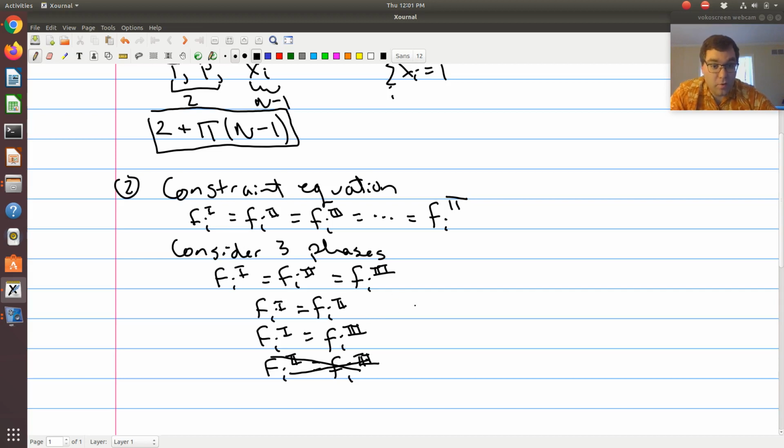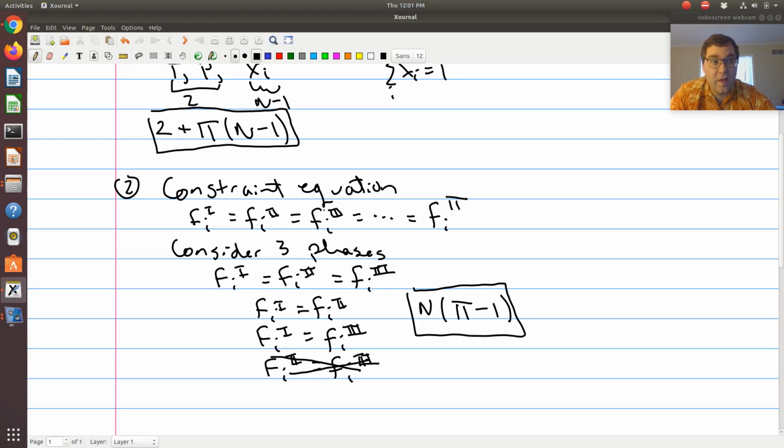Or in general, when I have pi phases, I can write pi minus 1 independent constraint equations for each component. And so if I have n components, I end up with n times pi minus 1 constraint equations, because I'll have such an isofugacity relationship for each component in that mixture.